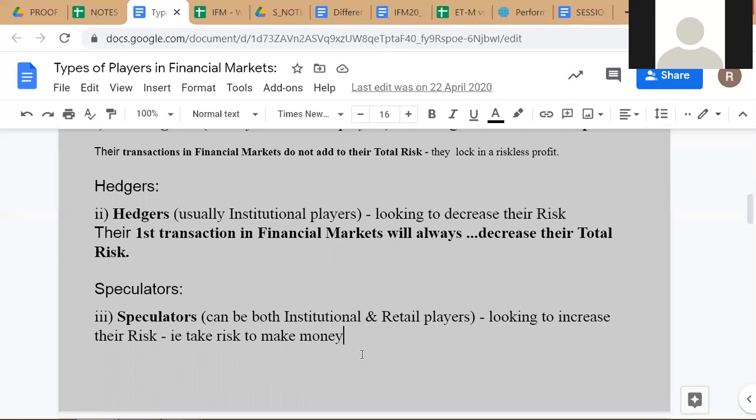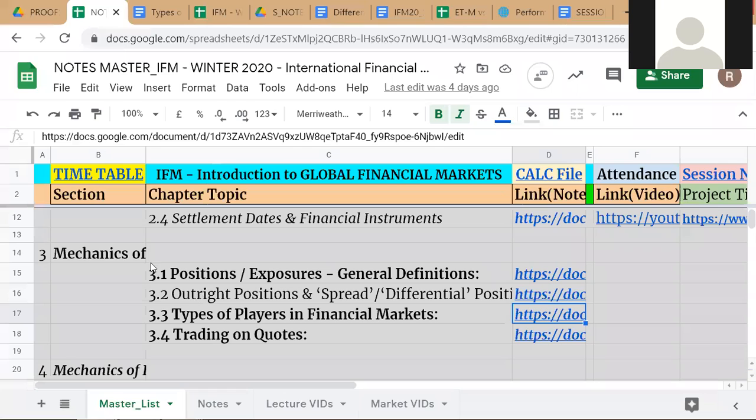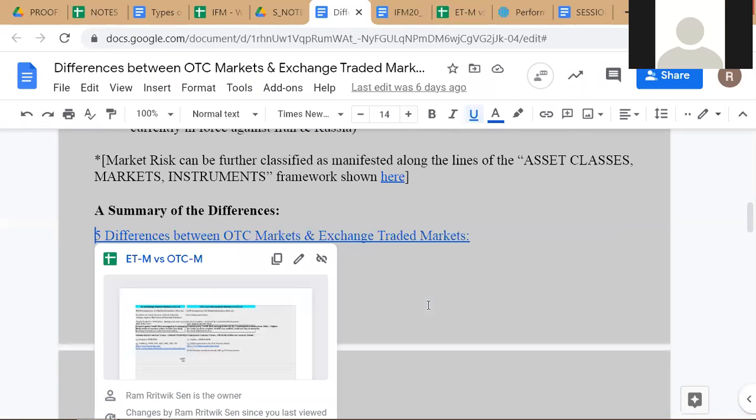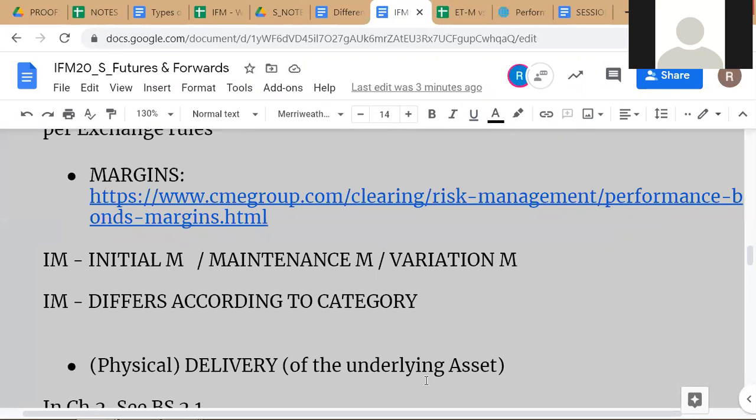So therefore, these guys are seen as less risky because they're always on the lookout to reduce their risk, whereas these guys tend to generally increase their risk to make more money. So that's why exchanges ask speculative traders to put up a little more initial margin than the hedge customers and the clearing members. Okay, so that's another thing we want to keep a note of when we are studying margins.